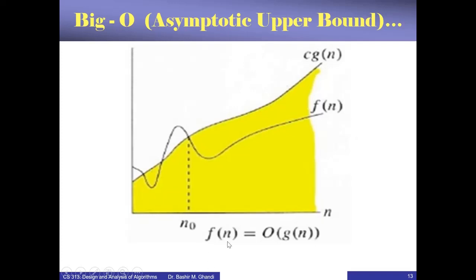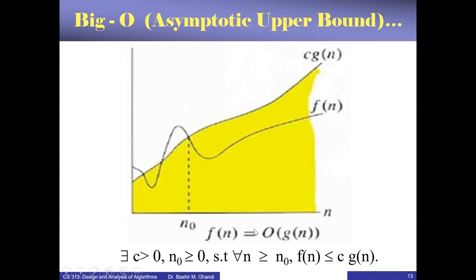So all these are different ways of expressing the same thing. f(n) is big O of g(n) if we can find a constant c greater than 0, n naught greater than or equal to 0, such that for all n greater than or equal to n naught, this inequality will always be true: f(n) is less than or equal to c g(n).